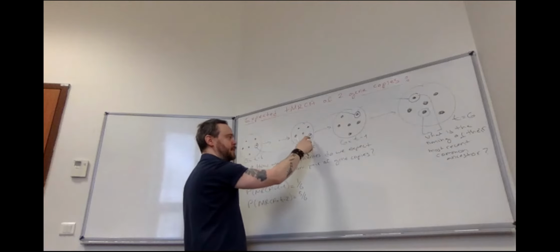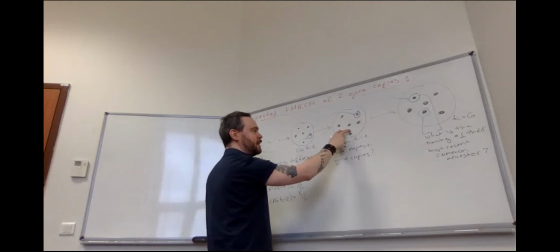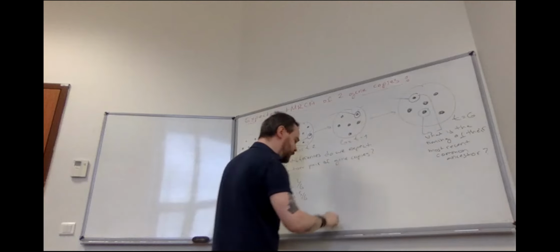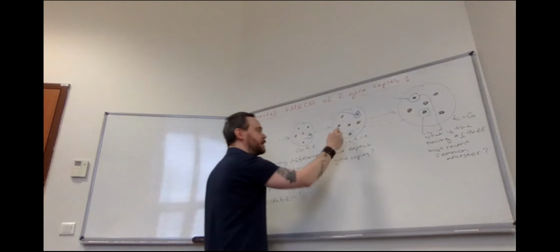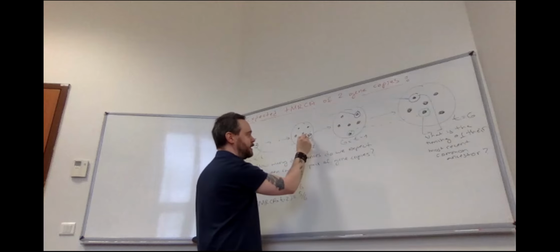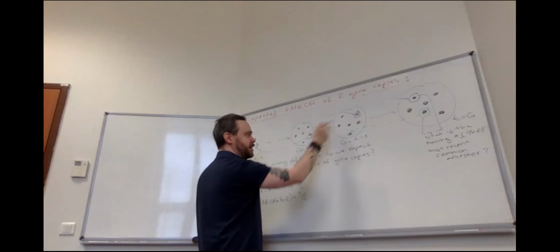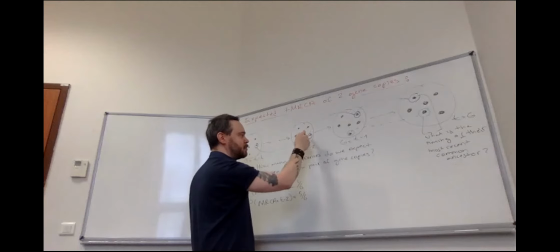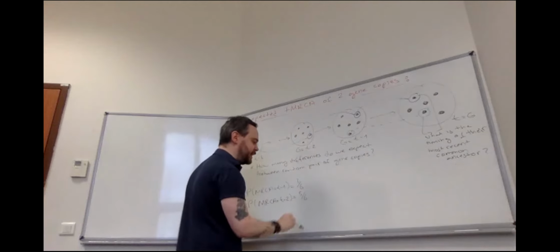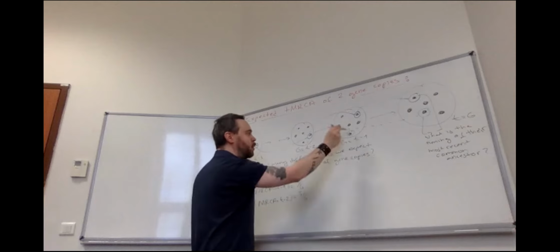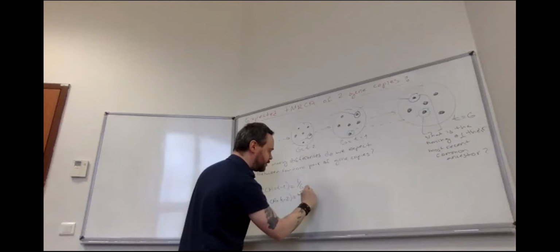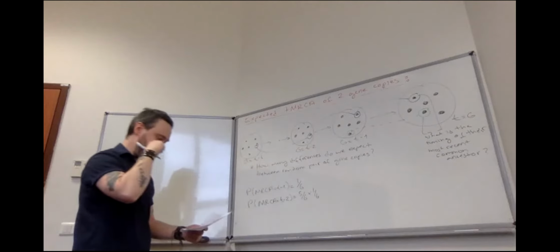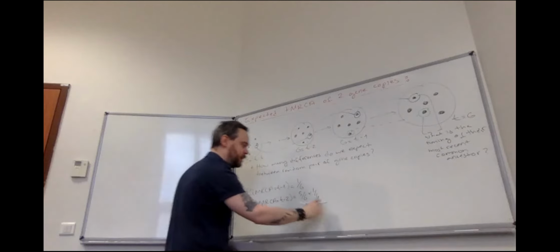So let's say its ancestor was this one here. What's the probability that this one descends from this gene copy here? So we're back to the most recent common ancestor. Again, it's 1/6, right? The probability that it will have a common ancestor with this one is 1/6. So that's 1/6, okay? This is the way that we can do this.